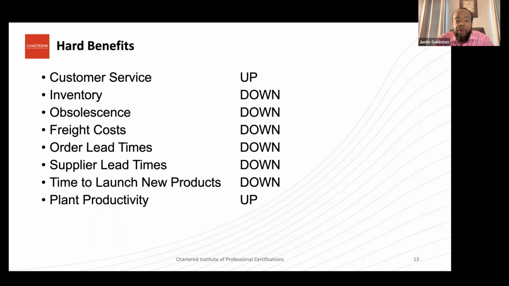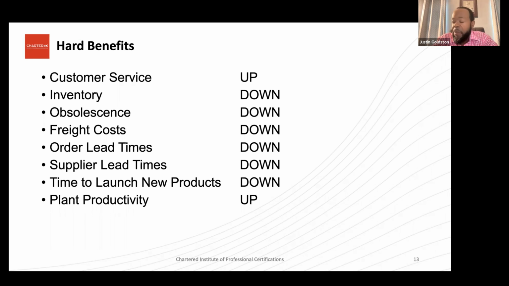And then plant productivity. If we are looking at our capacity planning, and we are integrating capacity planning into our forecasts, then we're actually going to bring up our plant productivity.